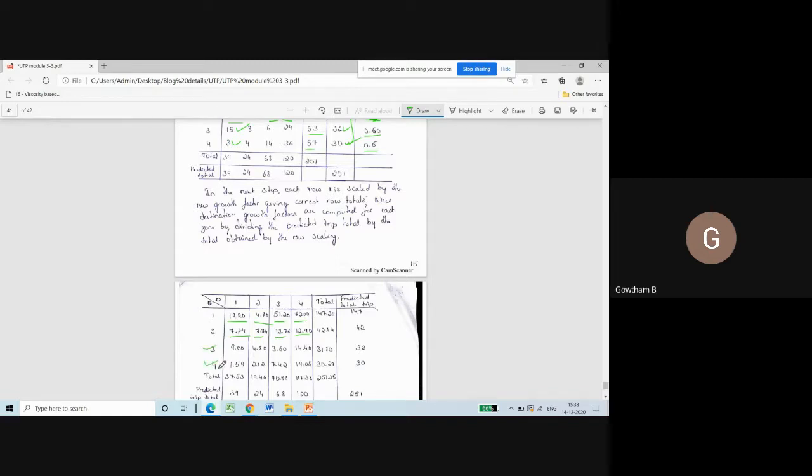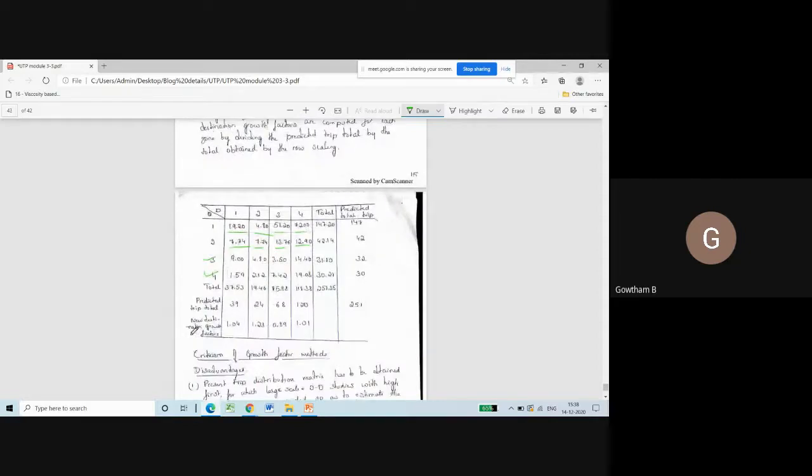Okay, after this you calculate the new destination growth factor. How do we calculate it? Just add the columns. 19.2 plus 7.74 plus 9 plus 1.59 is equal to 37.53. Next, add the second area column: 4.8, 7.74, 4.8, 2.12, that is equal to 19.46.